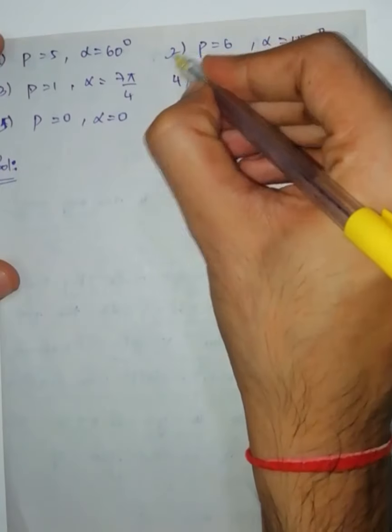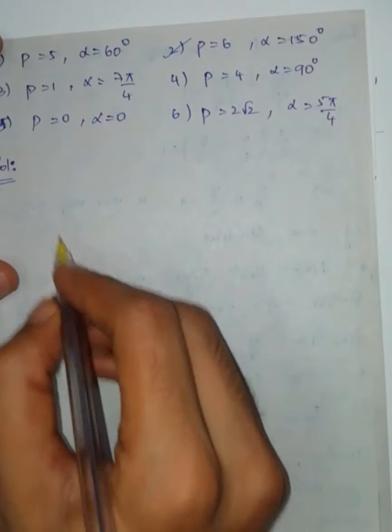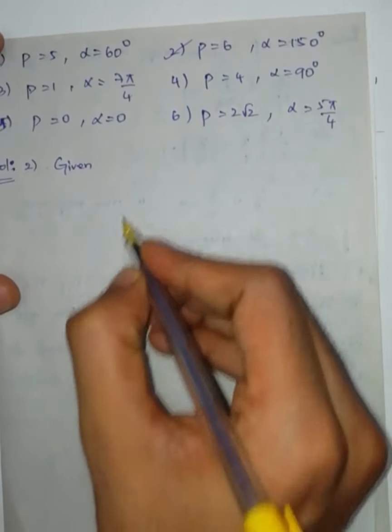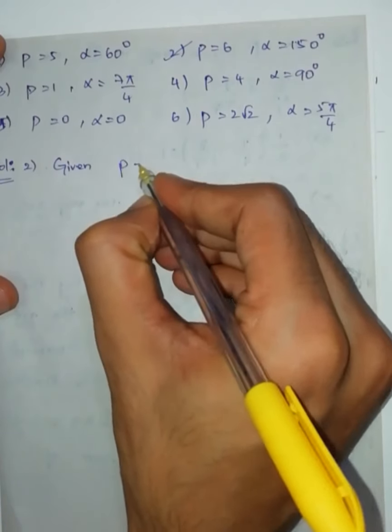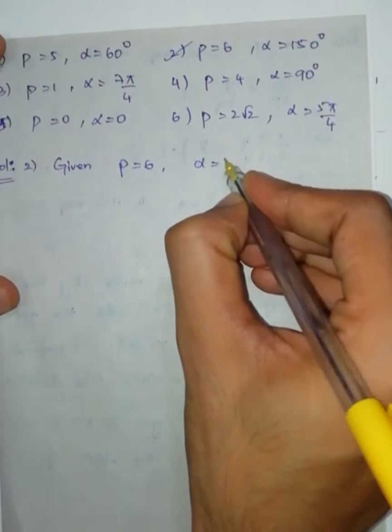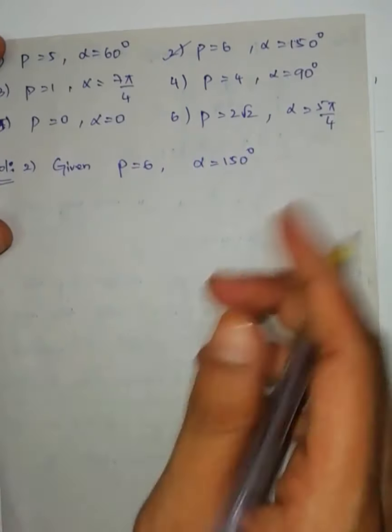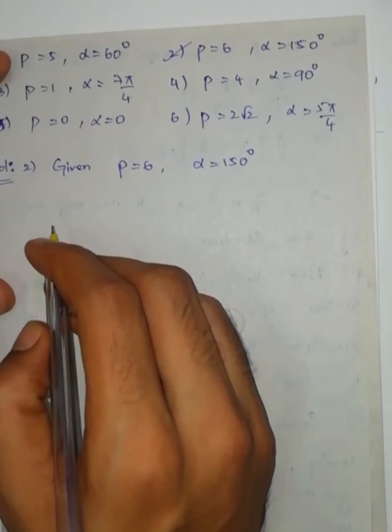I am going to solve the second one. Given P is equal to 6, alpha is equal to 150 degrees.